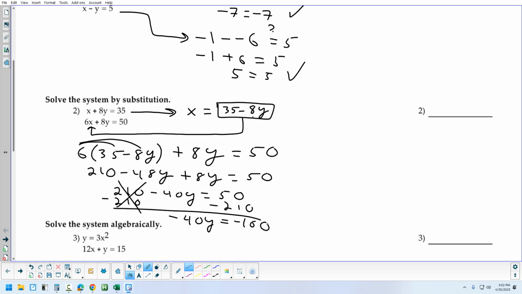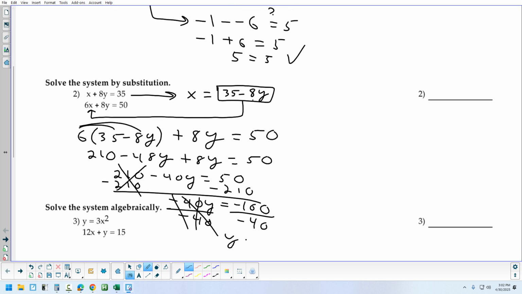Okay, so we got negative 40y equals negative 160, and the last step. You would divide by negative 40 on both sides. That negatives are gone, 40s are gone, and we get y equals 4.